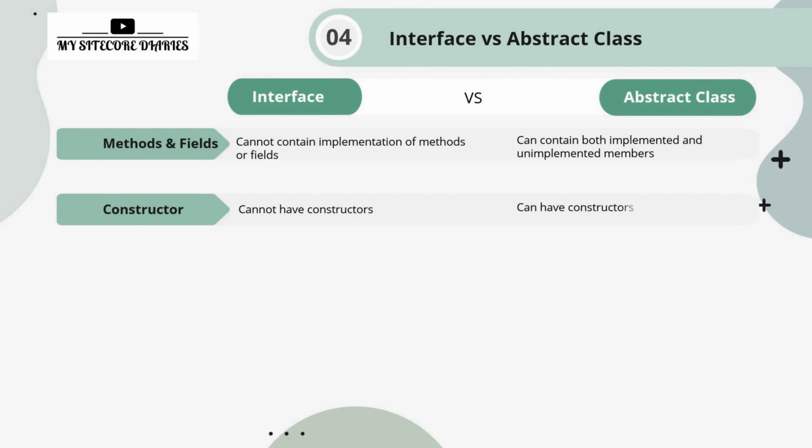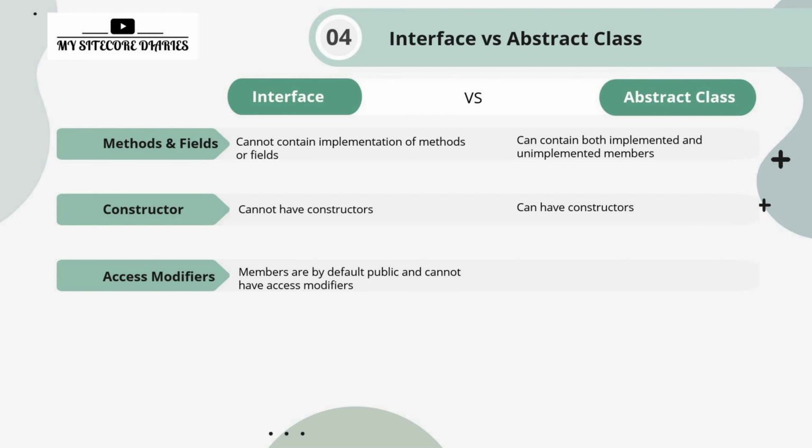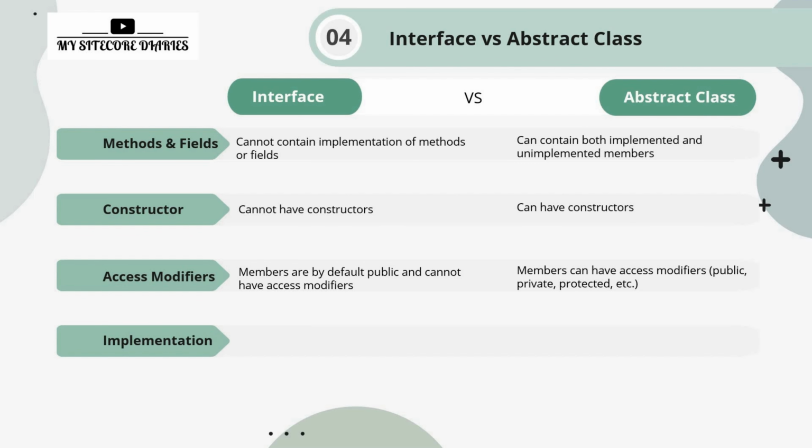Interface cannot have a constructor. Abstract class can have the constructor. Access modifier. Members are by default public and cannot have an access modifier. We already saw this. Whereas abstract class is basically a class, so members can have access modifiers like public, private, protected, etc. Implementation. Interface gets implemented using the implements keyword, whereas abstract class gets extended using the extends keyword.